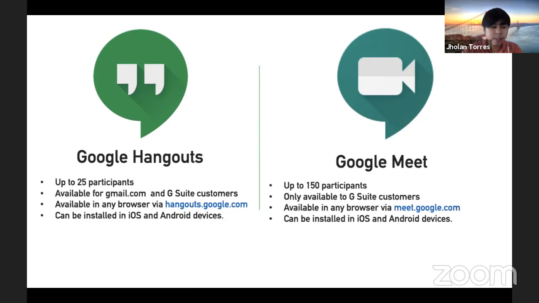And of course, with this, Google Hangouts can be installed in iOS and Android devices. Okay, for Google Meet, it is available, of course, in any browser via meet.google.com. So you can go to that website.